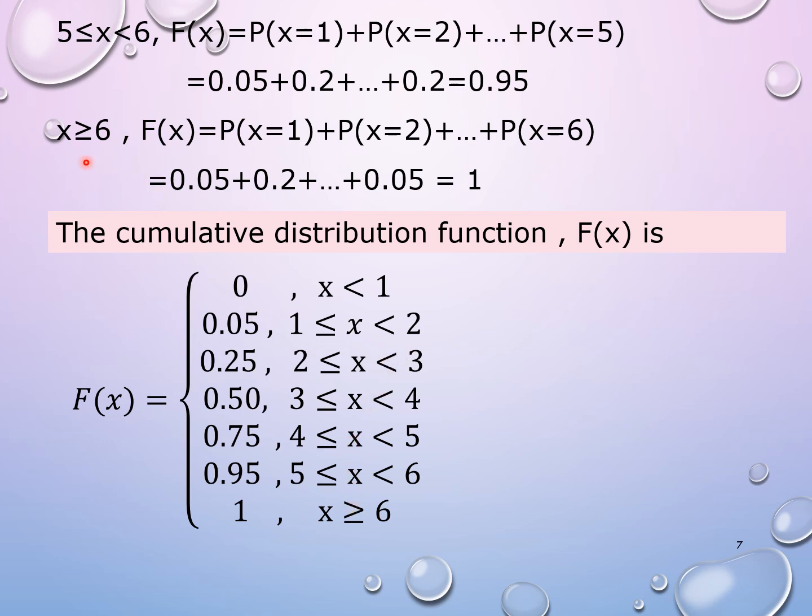And over here we have x greater than or equal to 6, F(x) is equal to 1. Previously we only had the probability of x, and now you have the cumulative distribution function. So this is what it means by obtaining the CDF from the PDF.